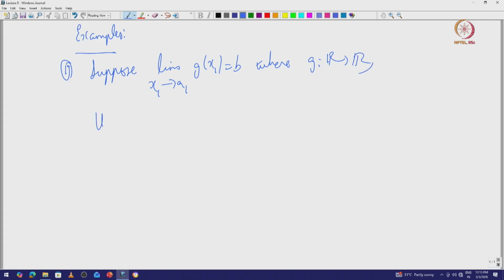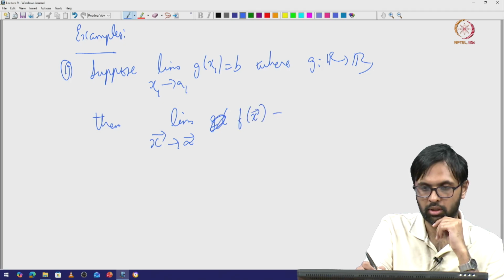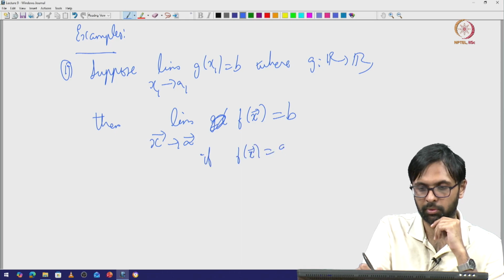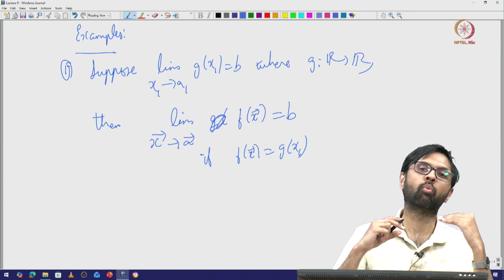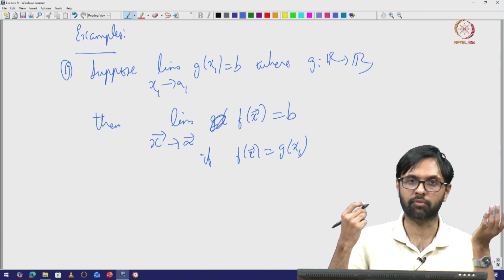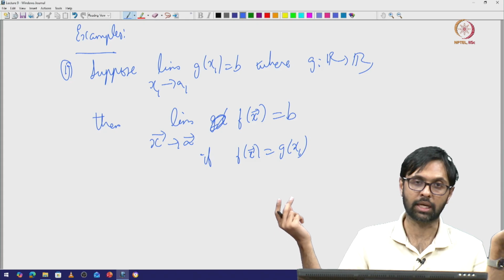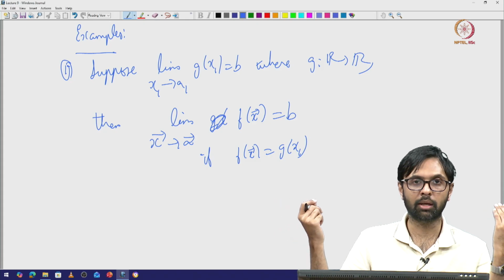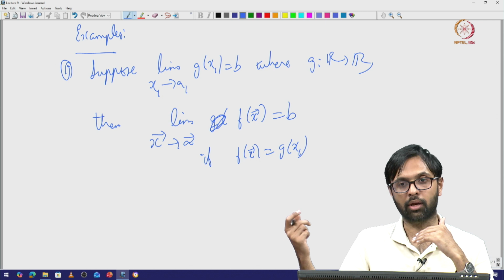Then if you treat it as a several variable function, that is x vector goes to a vector, f of x vector, this is also equal to b if f of x vector is this one variable function. Meaning, if you take a one variable function and you pretend that it's a function of two variables where it doesn't depend on the second variable, then this multivariable limit is indeed equal to the one variable limit.